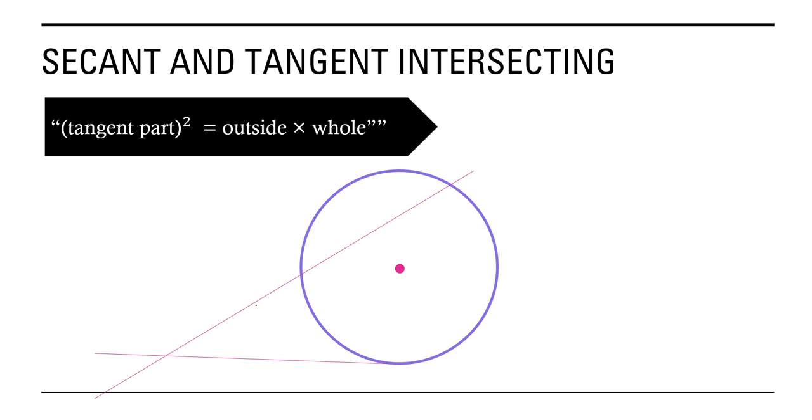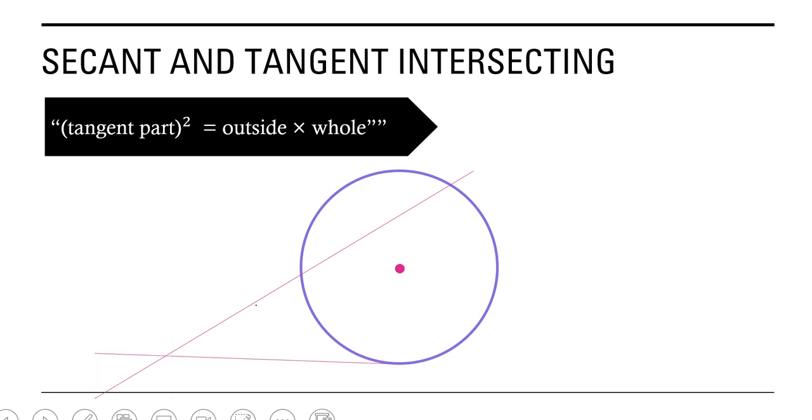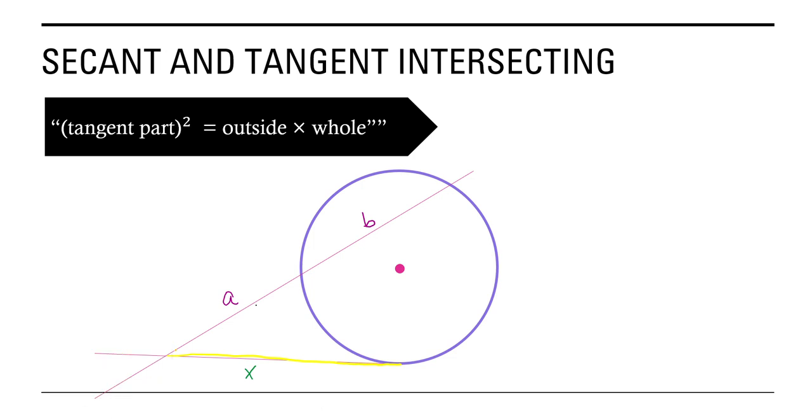And then the other situation is that I could have a secant line and a tangent line that intersect outside of the circle. So when that happens, one of my lines just has a tangent part. So that part we call X. And then the secant line actually has 2 parts, the part outside the circle and the part inside the circle.